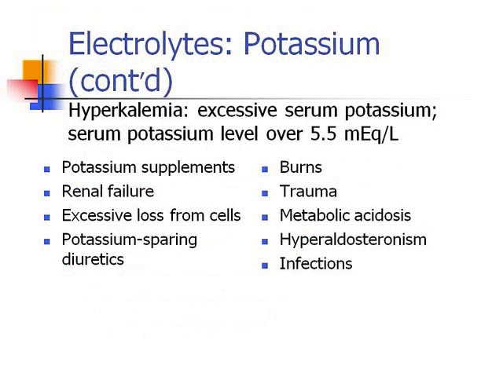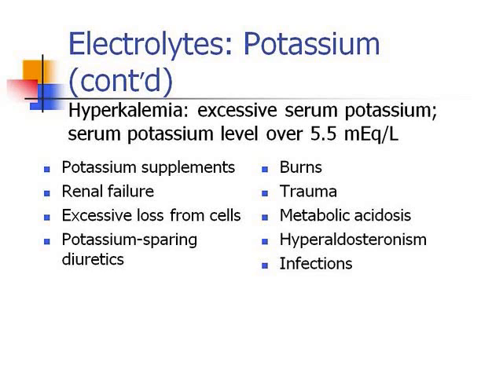So what is hyperkalemia? It's potassium levels in the blood over 5.5 milliequivalents per liter. We get it by potassium supplements. Well, that would be if the kidneys aren't working well enough to flush it out of the system. Kidneys not working well. Excessive loss from cells.